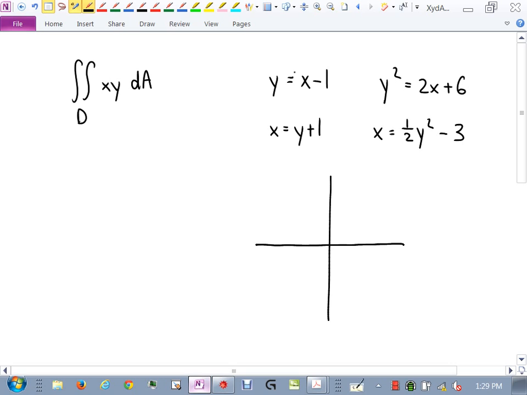How about the first one, y equals x minus 1? Looks something like this. How about the parabola? What could you do to get some points on this parabola? Plug in some values of y. So what if y is 0? What is x? If y is 0, I'm at x equals -3, which is back here, right? Y 0, x -3.